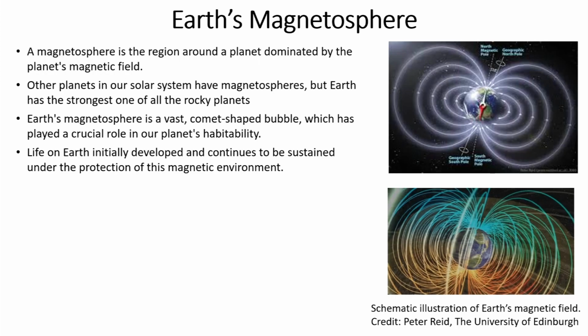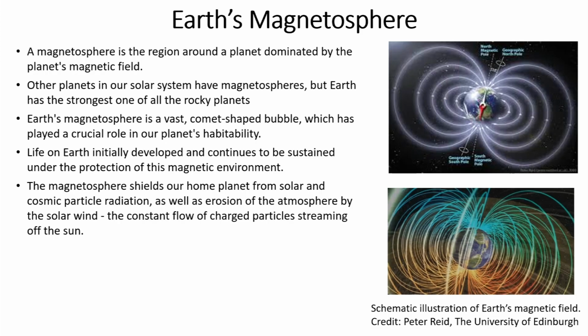Life on Earth has been saved by this magnetic field. The charged particles cannot directly enter our Earth's atmosphere. Of course, Earth's atmosphere also saves us from harmful radiation. The magnetosphere, as I said, shields our home planet from solar and cosmic particle radiation, as well as the erosion of the atmosphere by the solar wind, the constant flow of charged particles streaming off the Sun.